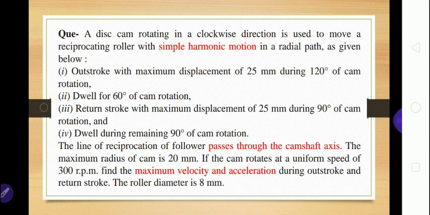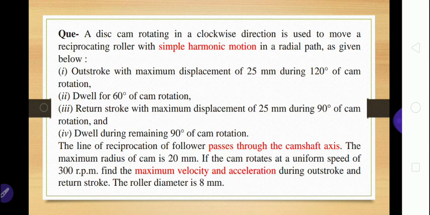The problem is: a disc cam rotating in the clockwise direction is used to move a reciprocating roller with simple harmonic motion in the radial path as given below. Outstroke with a maximum displacement of 25 mm. This S is given as 25 mm during 120 degrees of cam rotation. That means theta O is given as 120.